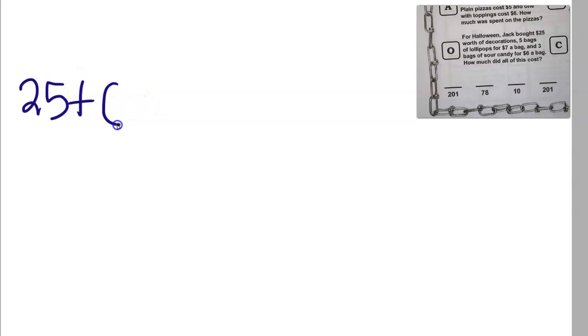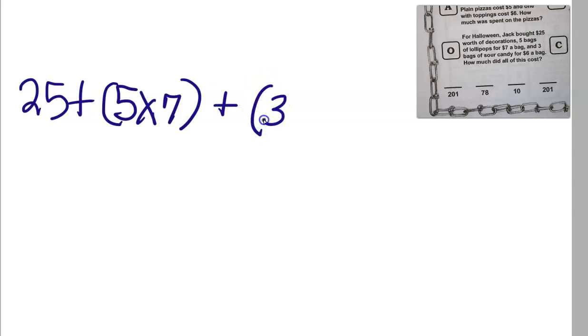I'm going to add that to 5 bags of lollipops for $7 a bag. Now I'm using parentheses because I have multiple units there: 5 bags times $7 a bag. And then I'm going to add that to 3 bags times 6 for the sour candy. So I'm going to find this product and this product and then add it, 25 plus this one, and I will get my total amount that all of those cost.